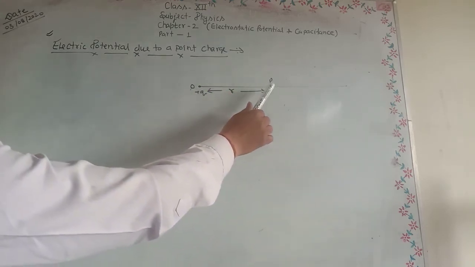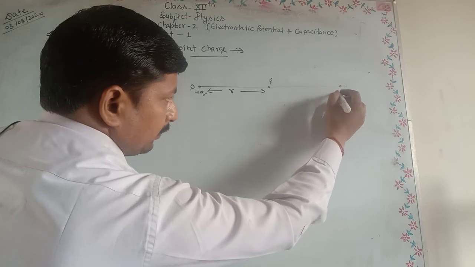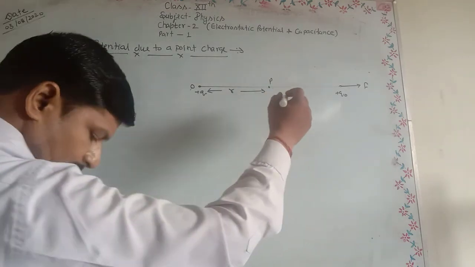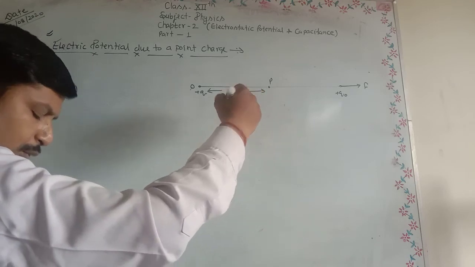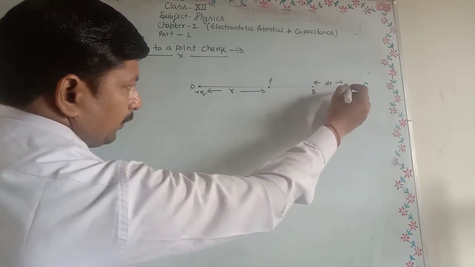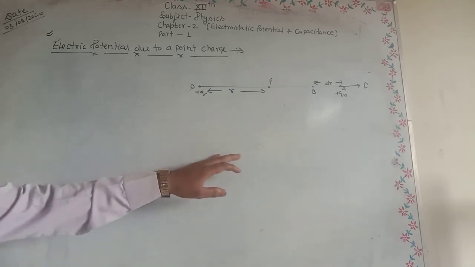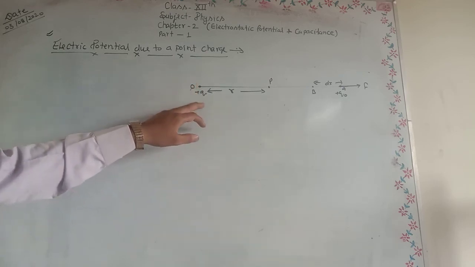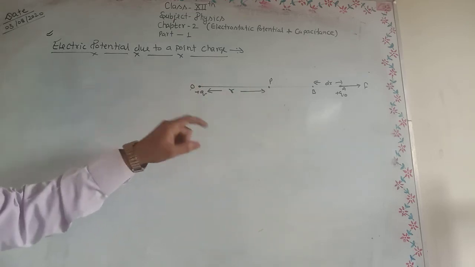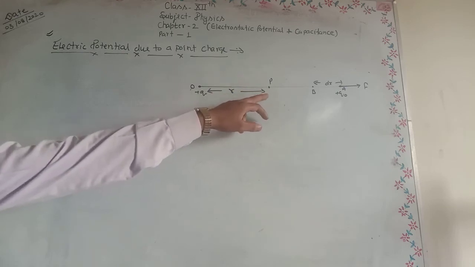We have to determine the electric potential at that point P. Let a point charge plus Q be at point O, and point P at a distance small r from O. At point P we have to find the electric potential.